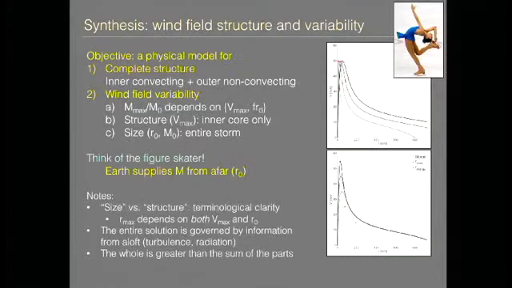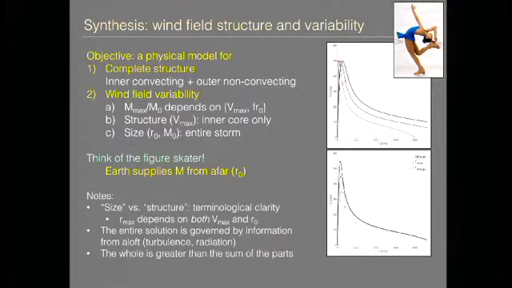Okay, just to put this together, I guess I'm doing it right on time. The objective at the outset was a physical model for the complete structure as well as the variability in the wind field. One thing I didn't say at the beginning, but should have, is that existing models for the wind field tend to be partially or totally statistical in nature. People have used things like a double exponential profile, which is nice for practical purposes.